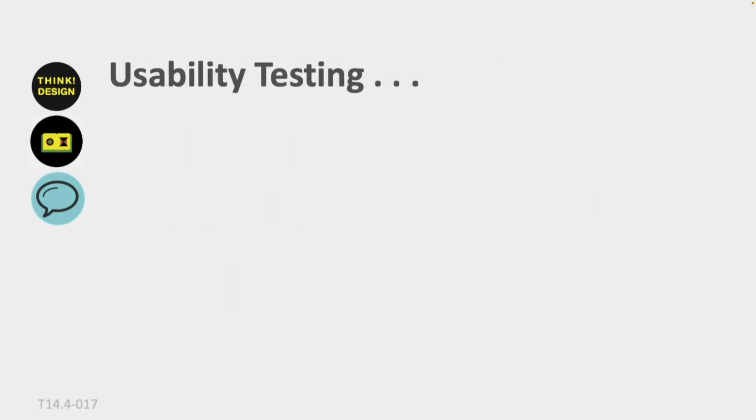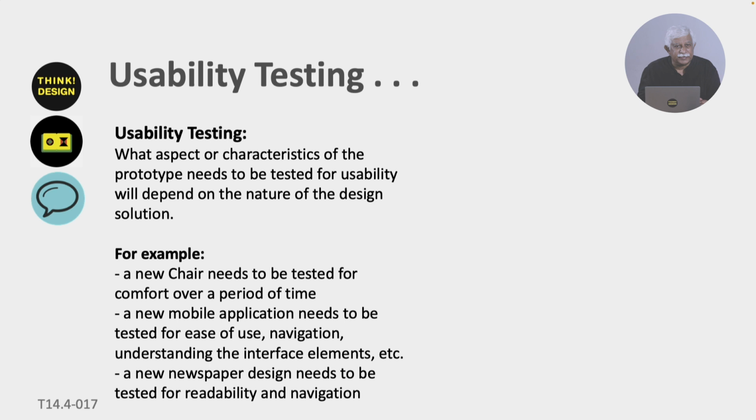Okay, so usability testing. What aspect or characteristic of the prototype needs to be tested for usability will definitely depend on the nature of the design solution. For example, these are different examples where usability testing might serve as a very good method for getting feedback.